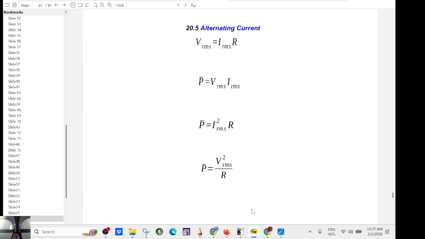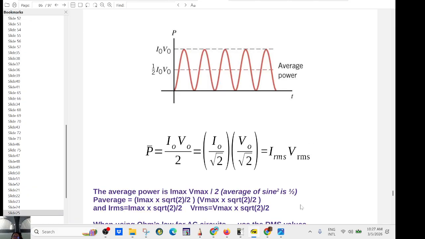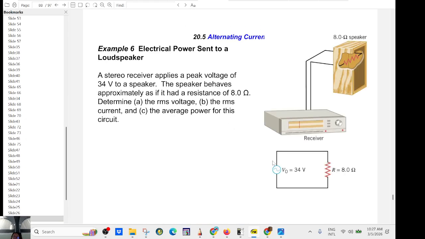Now if you use the RMS, so again, what's the RMS? You take the maximum value and you divide by square root of 2. Same thing for the current. So if you use the RMS value, then you can use Ohm's law. Even for example, if you have an audio system, so if I have my laptop, I have to turn AC to DC.